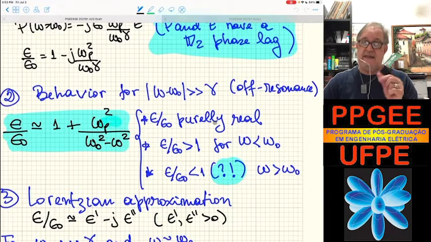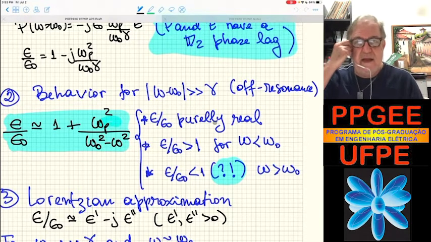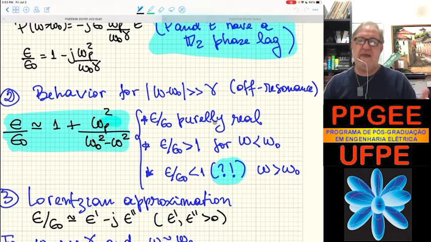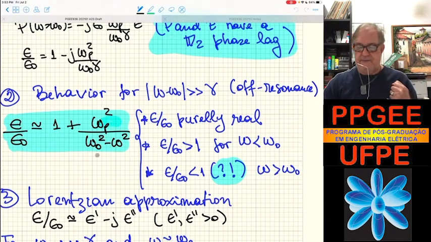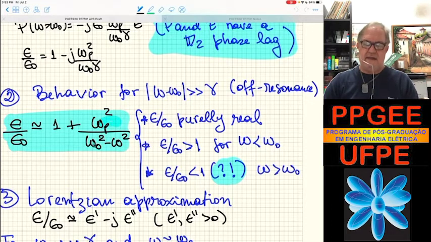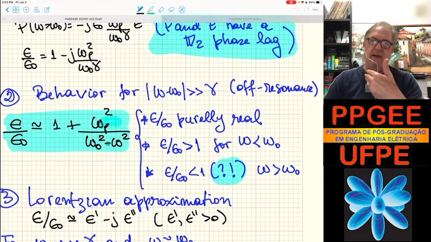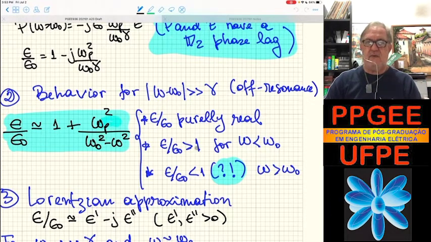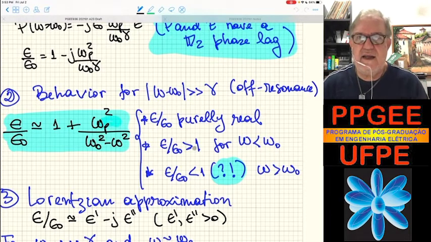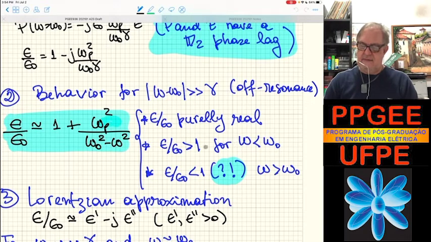So it means now that in the time domain, if D and E fields, P and E, are proportional, then we can talk about the permittivity in the time domain also, right? We have a real number now. So for omega smaller than the resonance frequency, below the resonance condition, epsilon relative is larger than 1. That's traditionally expected, right?